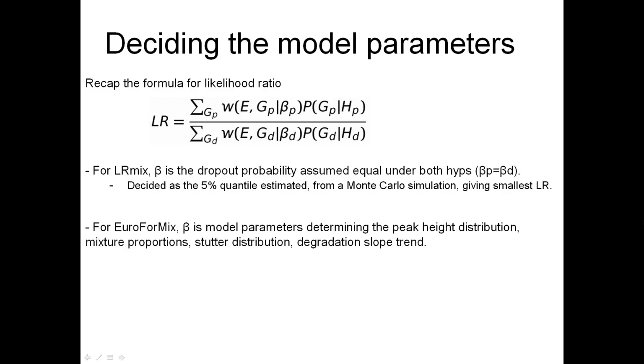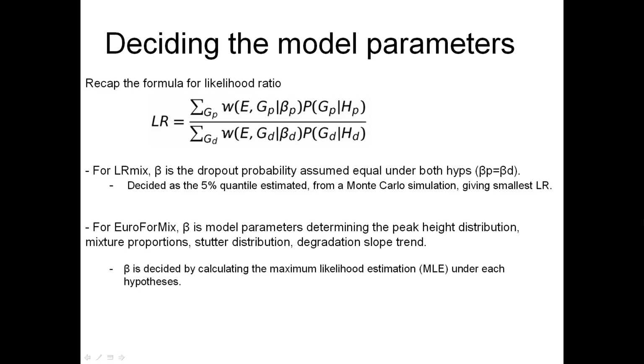For EuroForMix, beta is the model parameters from the last slide, which determines the peak height distribution, mixture proportions, stutter distribution, degradation slope trend, and this beta is decided to be the maximum likelihood estimates under each hypothesis. And in addition, a sensitivity analysis can be carried out to provide conservative LR values similarly as for LRMix.